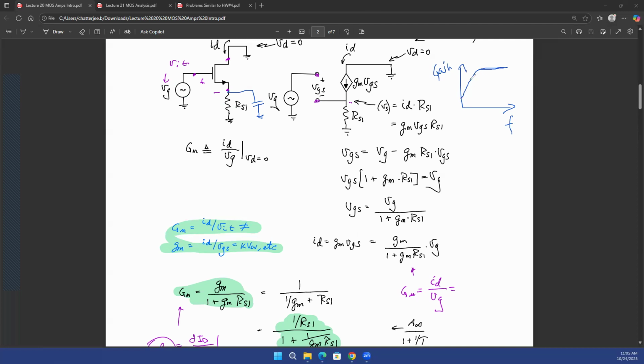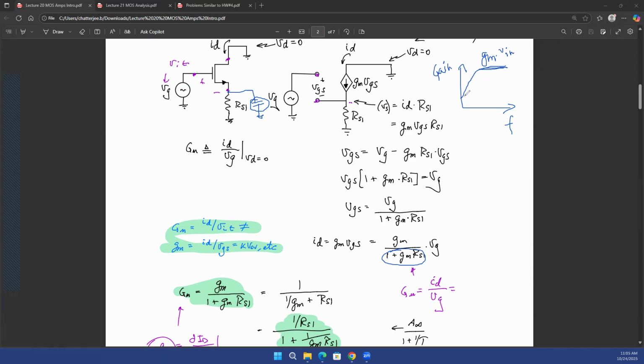At zero frequency or at very low frequency, you will have the degeneration. But at higher frequencies, when the capacitor shorts the source to ground, this effect of degeneration goes away, and then you get the full GM times VG. So this will be GM times whatever input voltage V in you have.